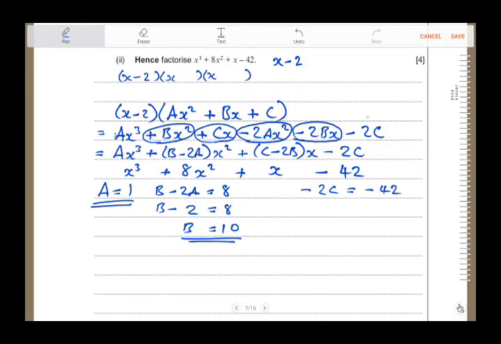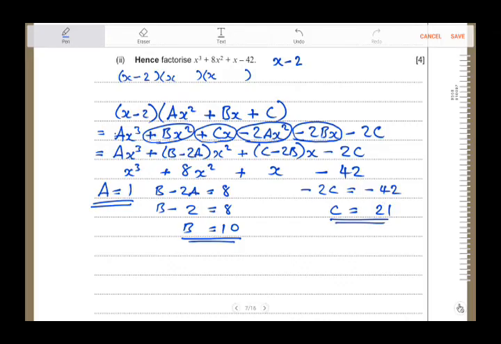So that minus 2c represents the constant term on the end, and that will equal the constant term in our original expression, because if we multiply the linear and the quadratic, all of this has to equal our original cubic. So if minus 2c is minus 42, dividing both sides by minus 2, we get plus 21, because a minus divided by a minus is a plus, and 42 divided by 2 is 21.